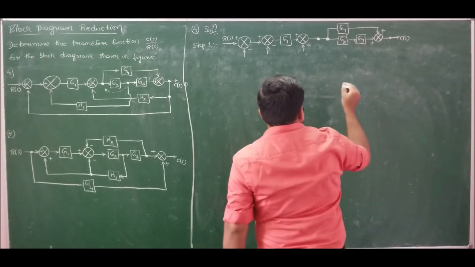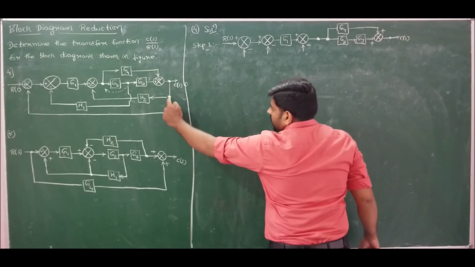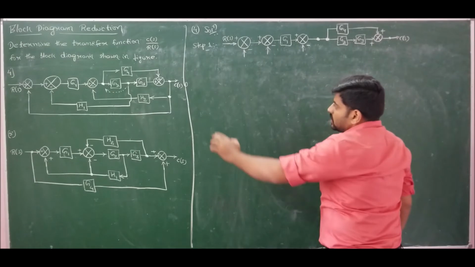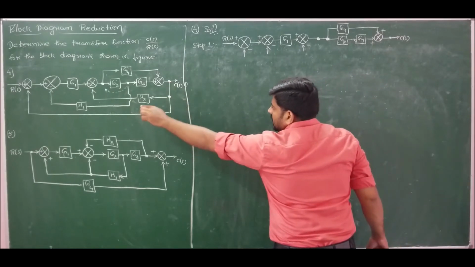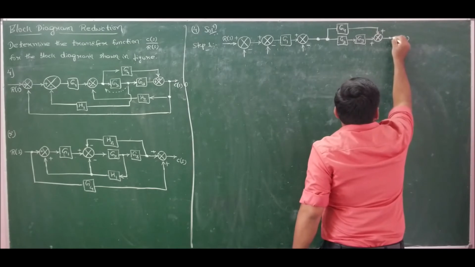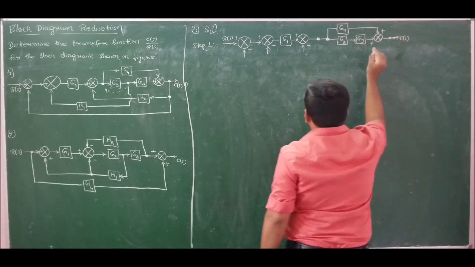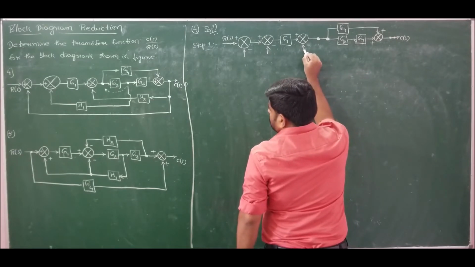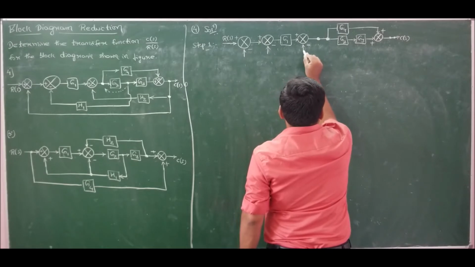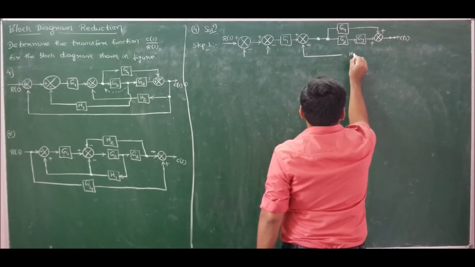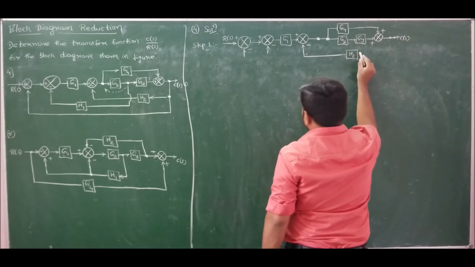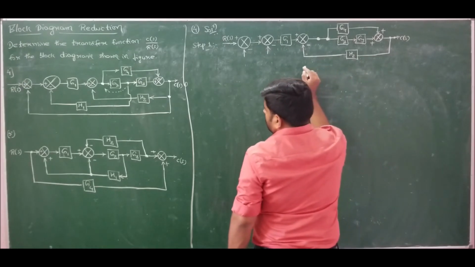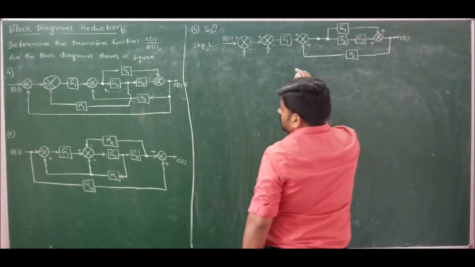C(s). As I said, since from the same takeoff point we have 2 feedbacks, H2 and unity feedback, split it and write twice, connecting this feedback to the main line, unity also to the main line. Therefore I will write 2 takeoff points from the main line only, in order to avoid confusion. So we have H2 connected to the main line, and we have unity feedback and also H1.